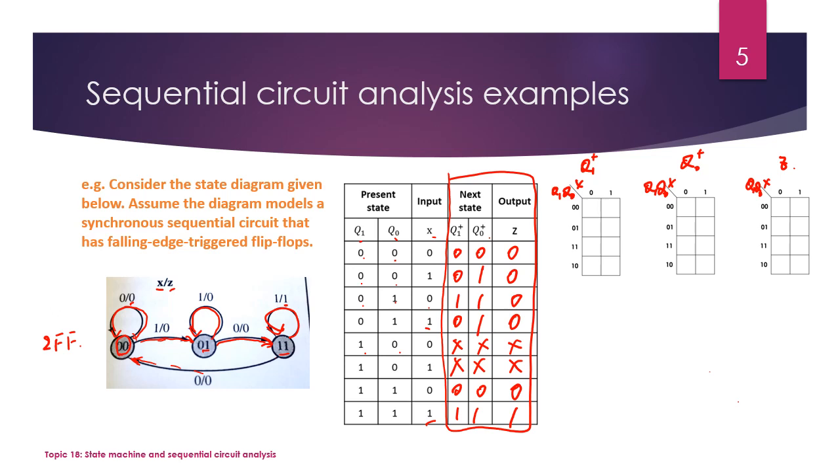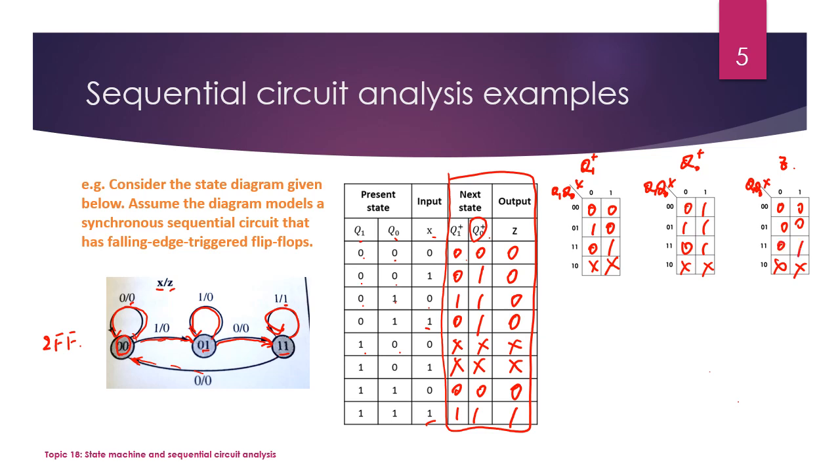So we have Q1 plus: 0, 0, 1, 1, 0, 0 is X, 1, 0, 1 is X. So we have 0, 1. Okay. For Q0 plus, we have 0, 1, 1, 1, X, X, 0, 1. For Z, we have 0, 0, 0, 0, X, X, 0, 1.